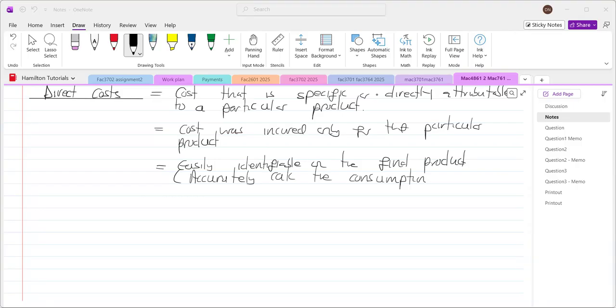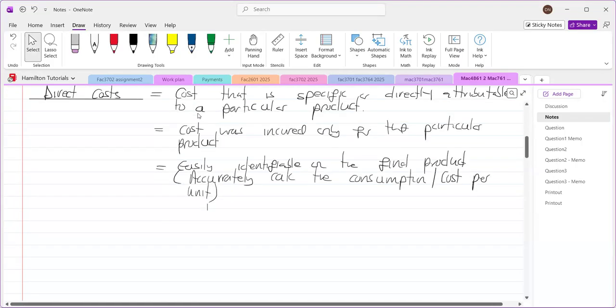Right. So this means that you can accurately calculate the consumption or cost per unit. So any particular cost that you're dealing with, you can easily calculate the accurate cost per unit. Right.